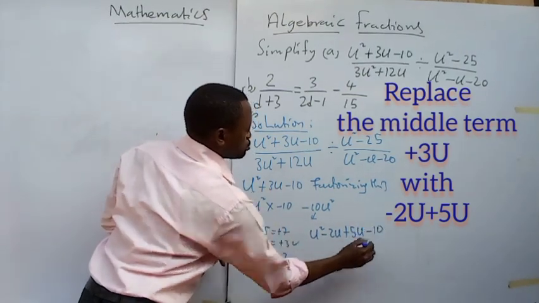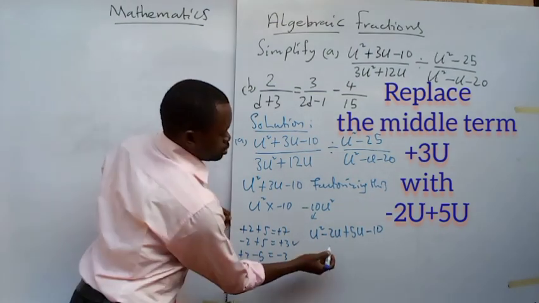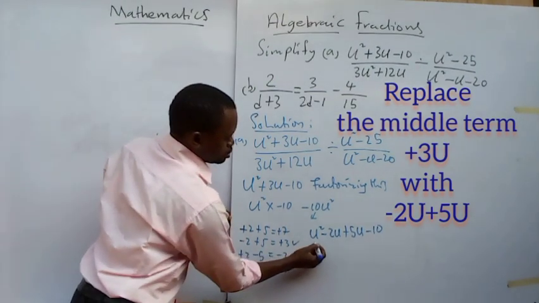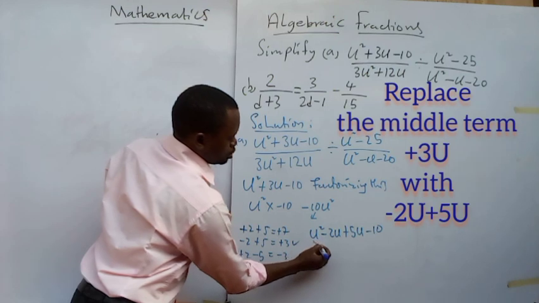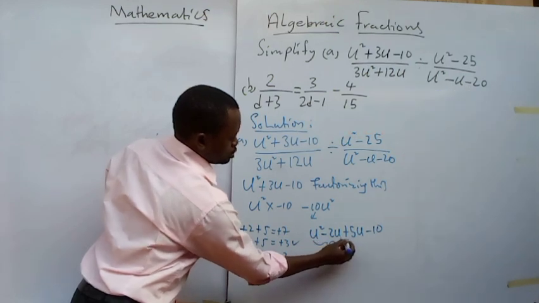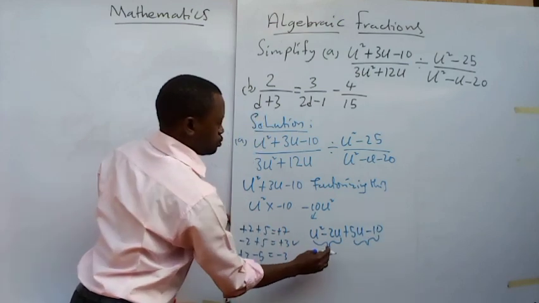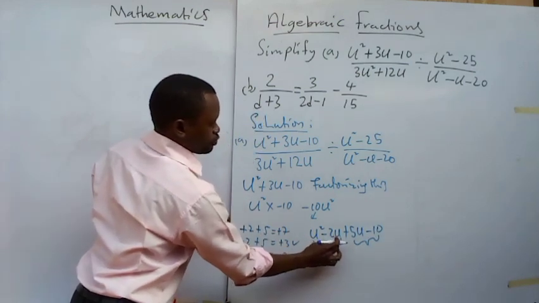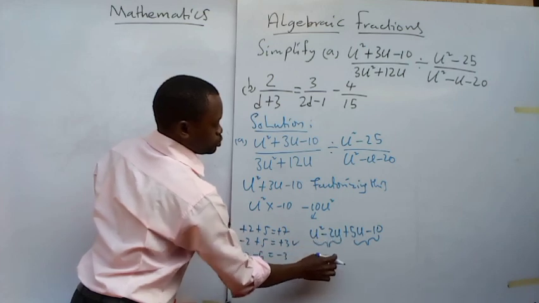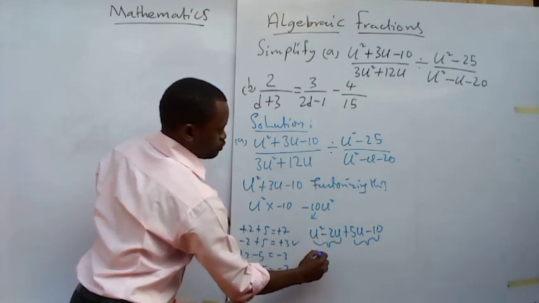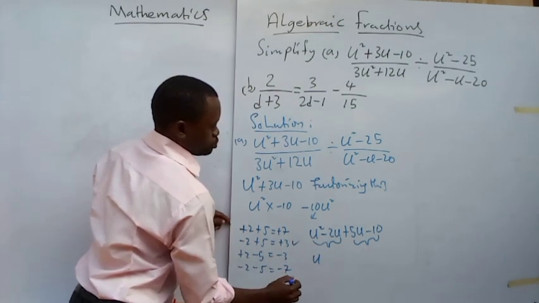Then minus 10. I'm factorizing it now. Then I'll group them, within this and this, and within this and this. What is the HCF of u squared minus 2u? Of course, you can see that the HCF is u.